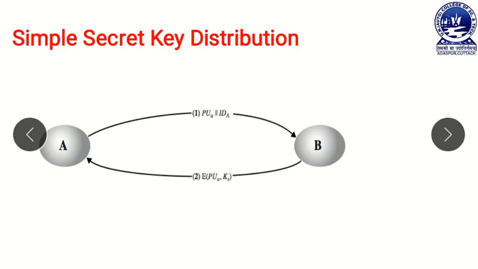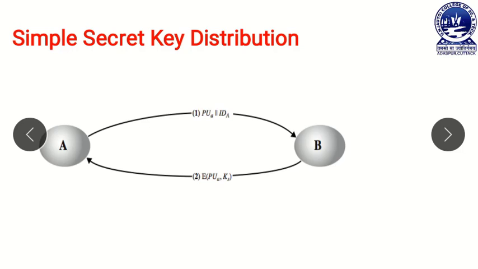After decrypting this message, the initiator retrieves the secret key, which means the initiator A also gets the secret key KS.